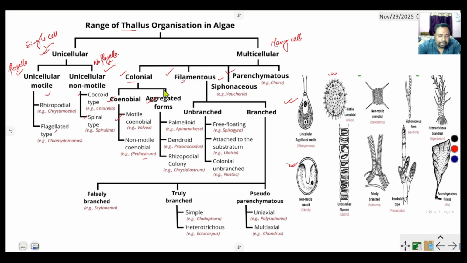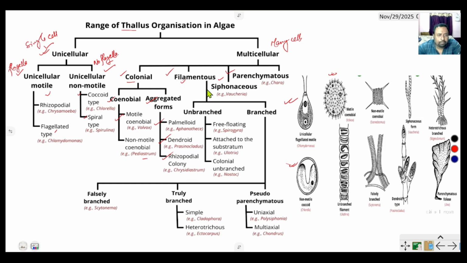Aggregate means many algae live in a place and accumulate, forming aggregate forms like the palmelloid form, Aphanocapsa, the dendroid form, Prasinocladus, and the rhizopodial form, Chrysidiastrum.